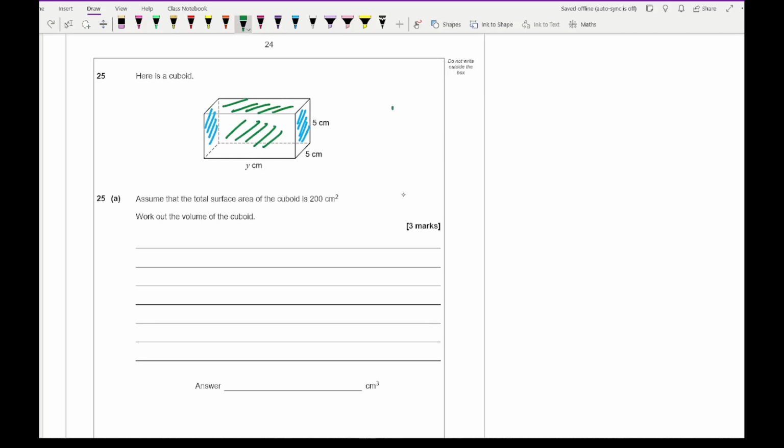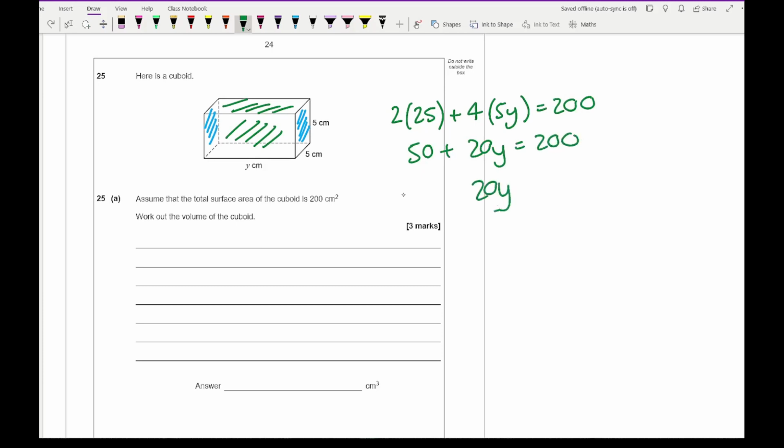So what I've got is 2 lots of 25 plus 4 lots of the area of the green, which is going to be 5y, and that all equals 200. So simplifying this, I get 50 plus 20y equals 200. I get 20y equals 150, and so y is going to equal 7.5.